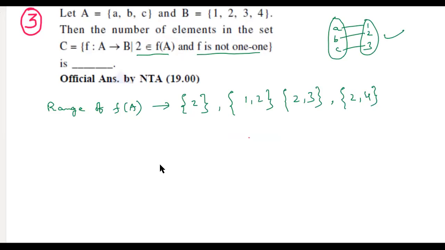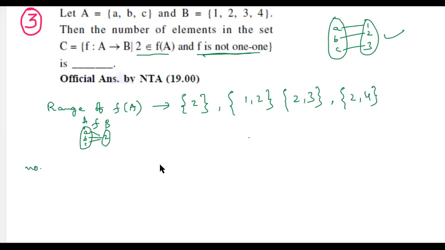Now, suppose we take a single element. Here is a, b, c, and here is 2. How many onto functions are possible? Only one. Onto with not one-one given means many-one; the many-one function is onto only.